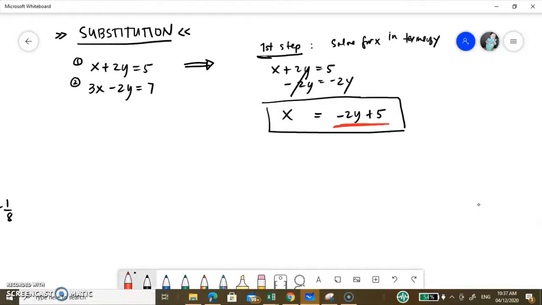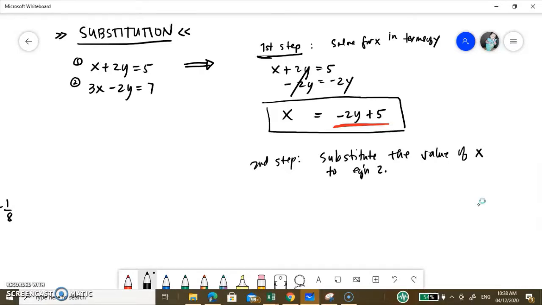Okay? So, for our second step, substitute. You just have to substitute the value of x to equation 2. Okay? So, the value of x is negative 2y plus 5.